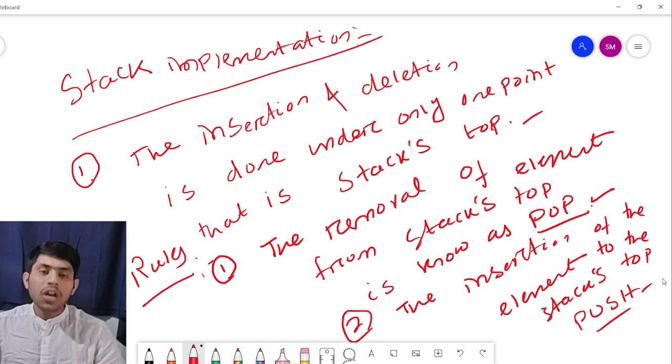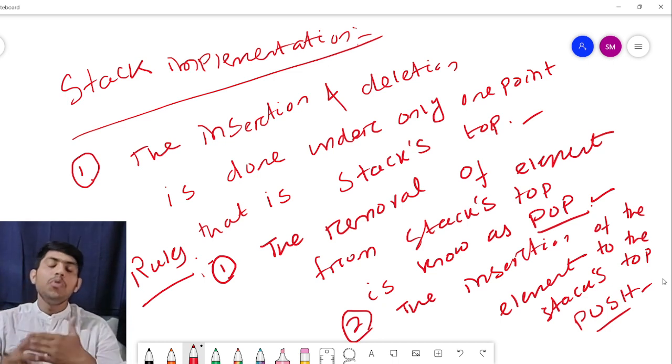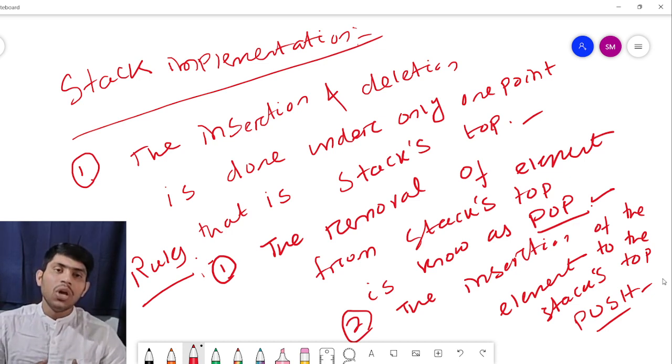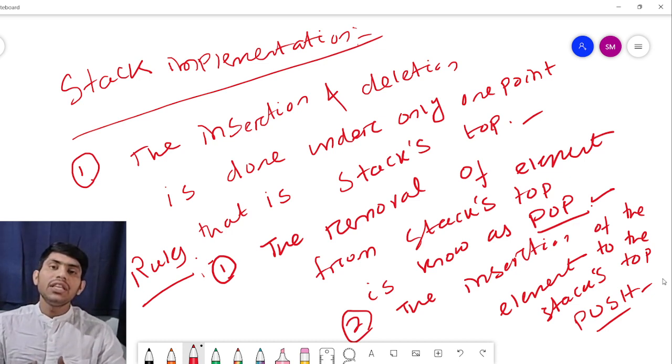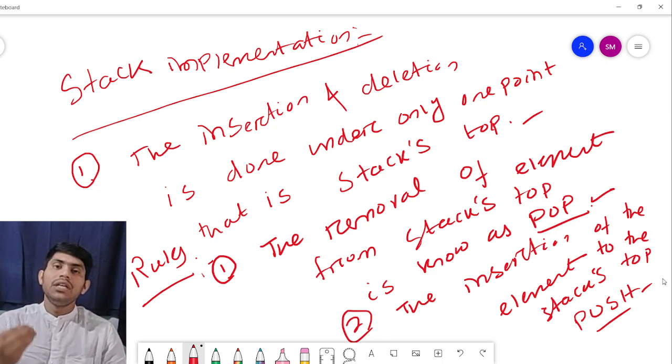I think everyone is clear about that. When we are removing any element from the stack, this operation is called pop operation. When we are inserting anything in the stack, that is called push operation in data structure terms. Now we'll take some numbers, or elements, and do the push and pop operations on the stack.